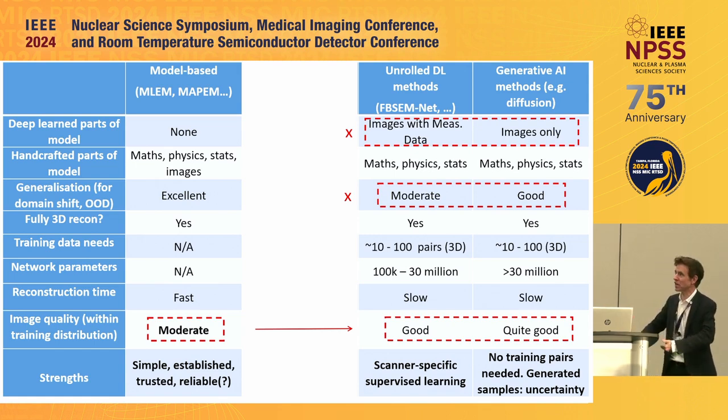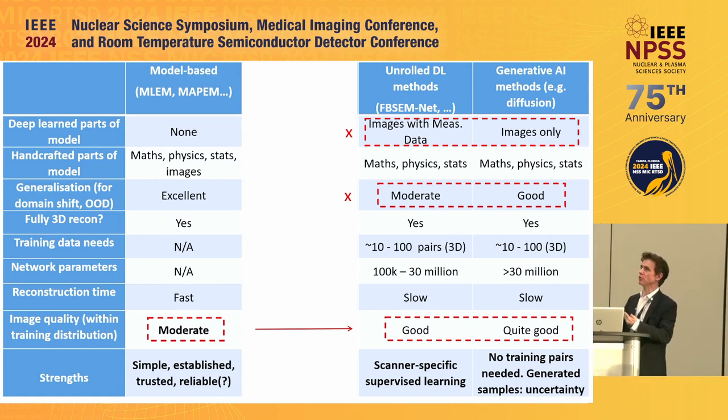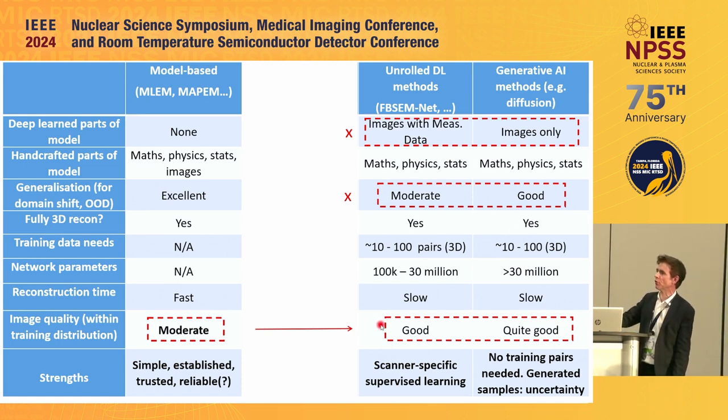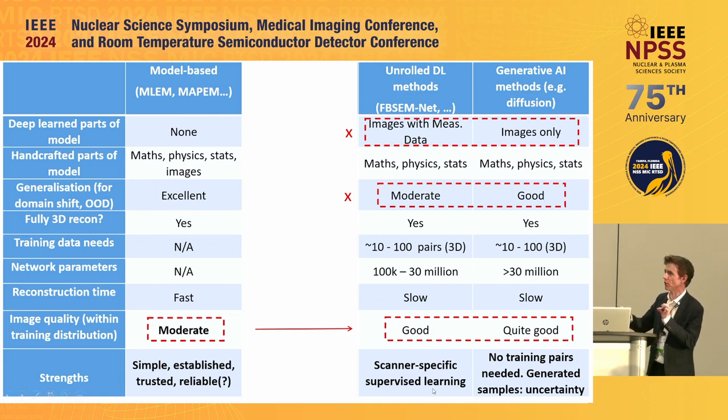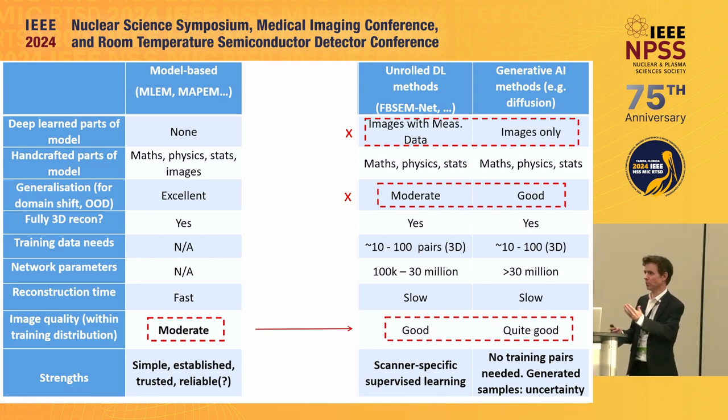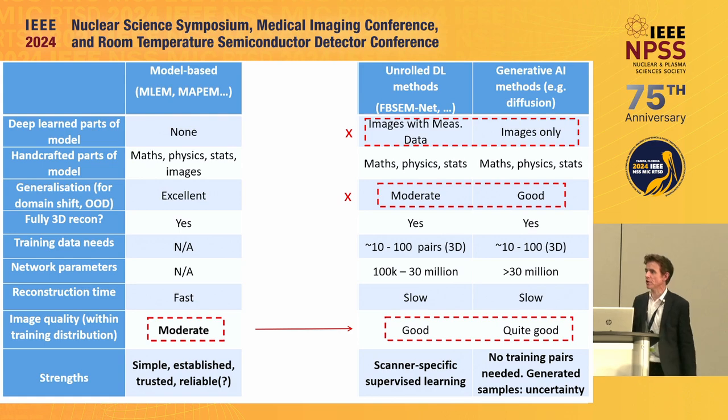We're now instead just learning the manifold of high quality images, just learning that P of X. Although that's going to come at the loss of image quality, not always doing as well as the unrolled deep learning methods when we're within distribution. FBSEM net will always do better if you give it a test time example that corresponds to the training domain.